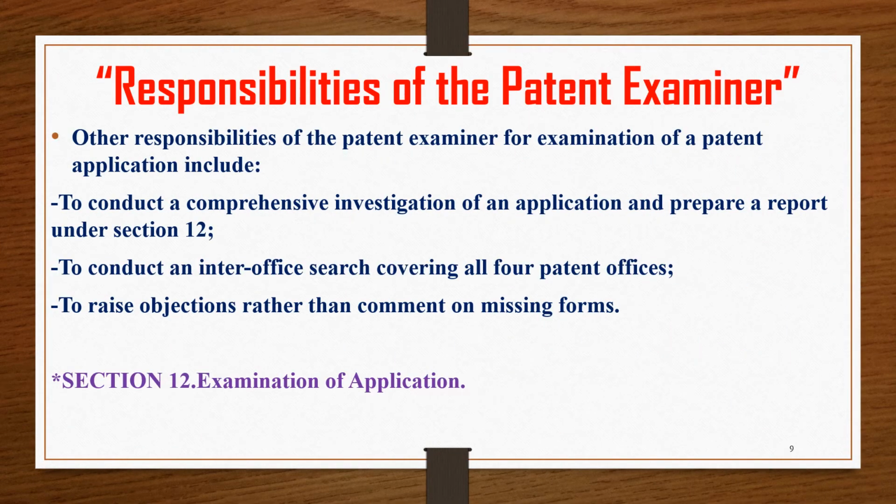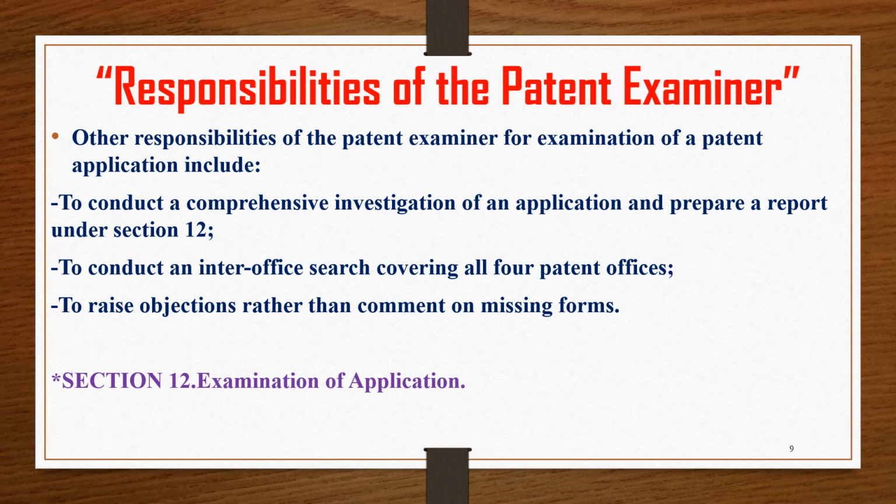Next, responsibilities of the patent examiner. The responsibilities of a patent examiner for examination of a patent application include, other than the examination itself, point number 1: to conduct a comprehensive investigation of an application and prepare a report under section 12. The next point is to conduct an inter-office search covering all 4 patent offices.